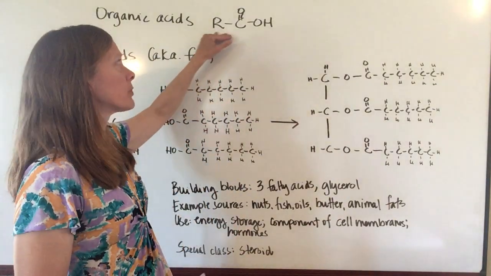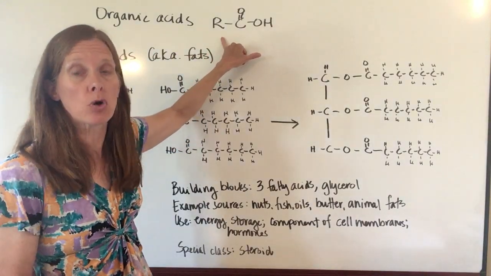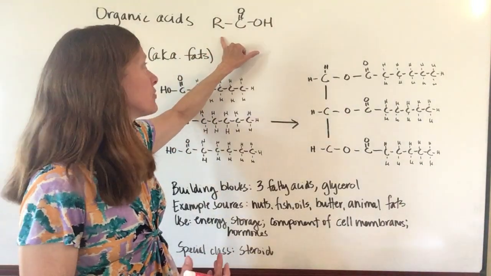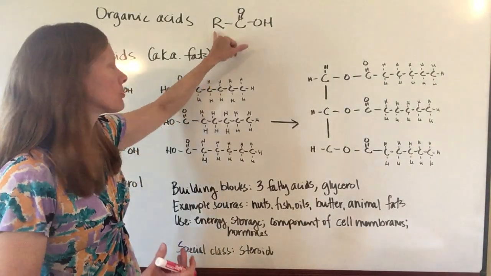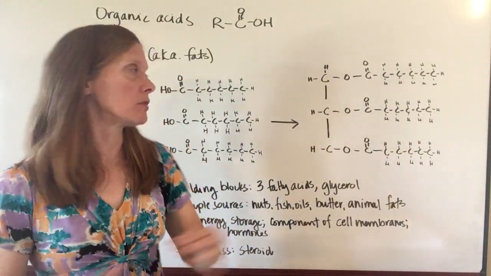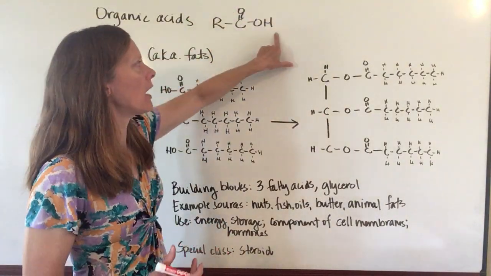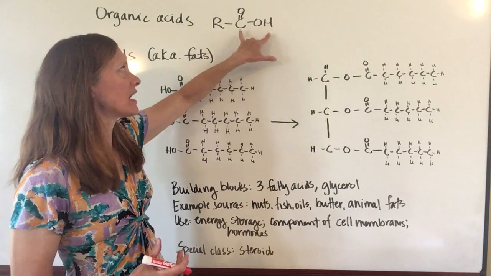It could be likely more carbons, but it could be a whole lot of different things. So the R just means something else. But this right here is the characteristic shape of an organic acid.